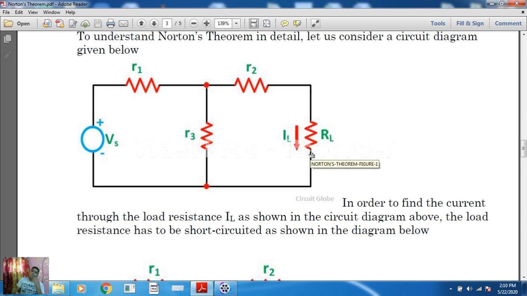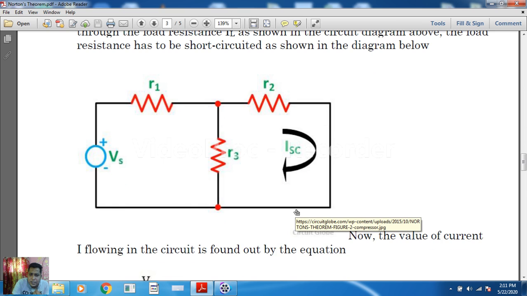Now we have to solve this circuit using Norton's theorem. So first thing, what is told in Norton's theorem? It is told that remove RL. After removing RL, make that terminal short and find out what the short circuit current is. So that is the first step of Norton's theorem.